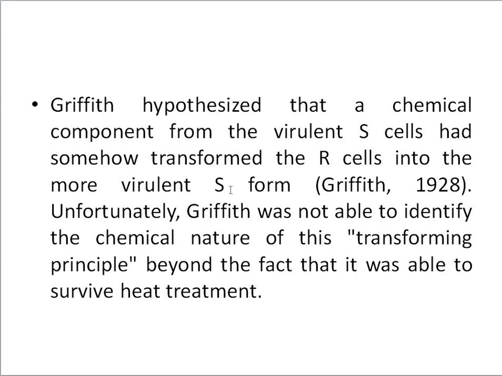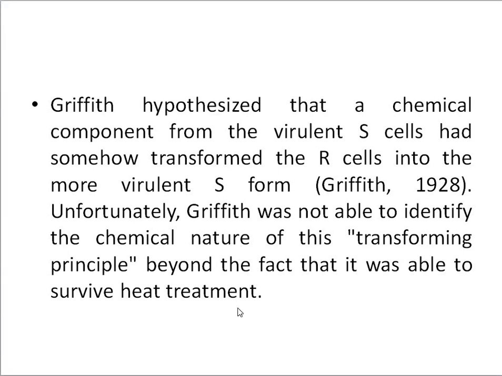This material, which was causing the transformation of the R-type, non-virulent strain, to the S-type virulent strain, was called the transforming principle by Griffith. This effect was called Griffith's effect at that time, but till today we famously know this phenomenon as transformation, in which material from one bacteria enters into another bacteria, and that is the genetic material.